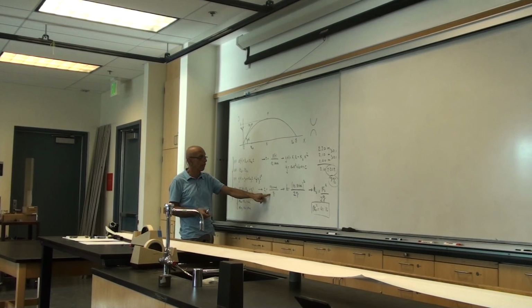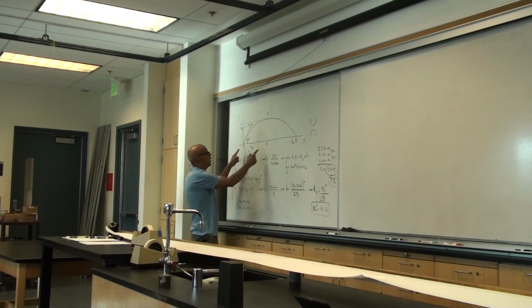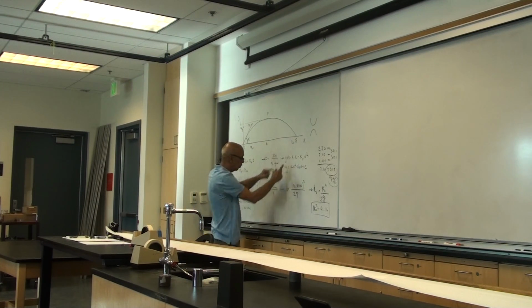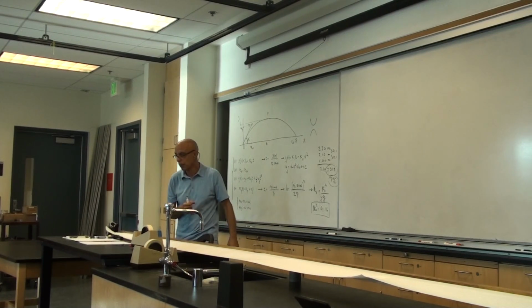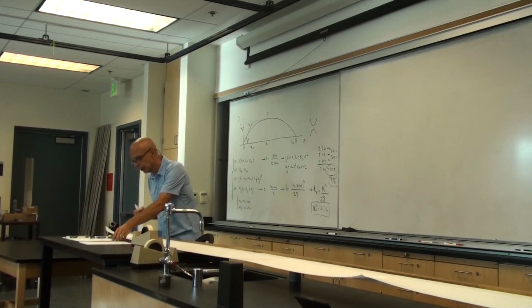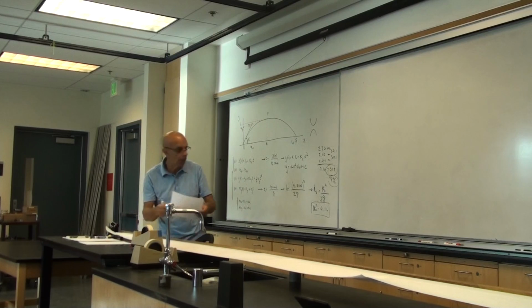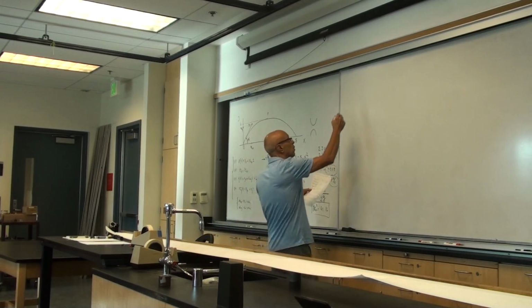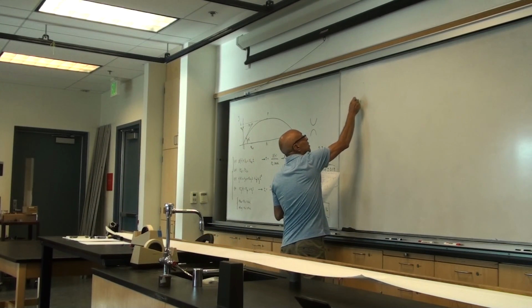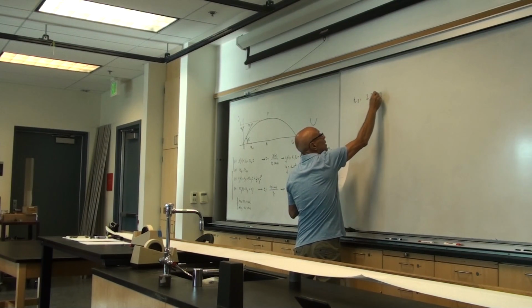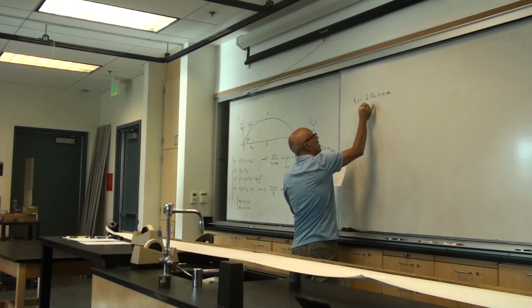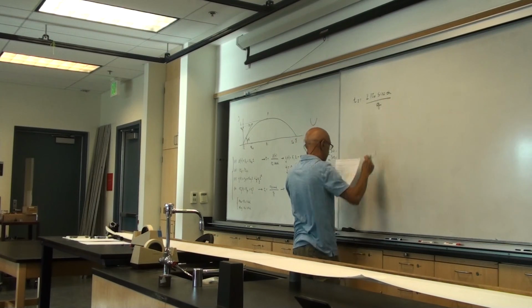So if this is symmetrical, D2 should be 2 times this value. Okay? So let's write that down. D2 is going to be 2 times V0 sine alpha divided by g.